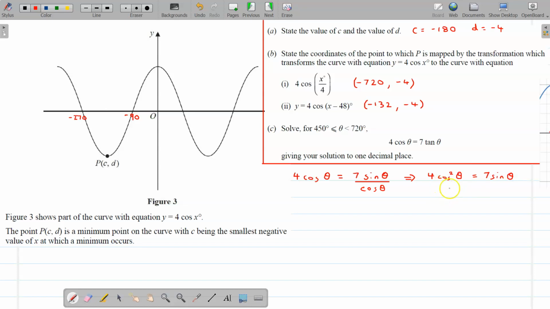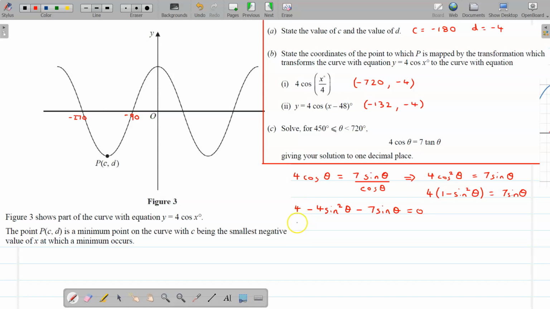And now I need to note that 4 cos squared is the same as 4 times 1 minus sine squared theta, using the identity sine squared plus cos squared equals 1. If I take that and multiply it all out, I get 4 minus 4 sine squared theta minus 7 sine theta equals 0.